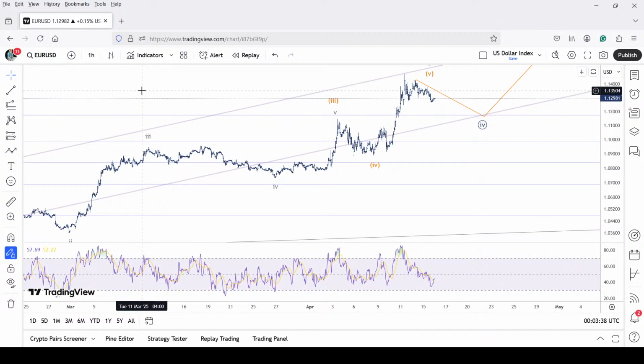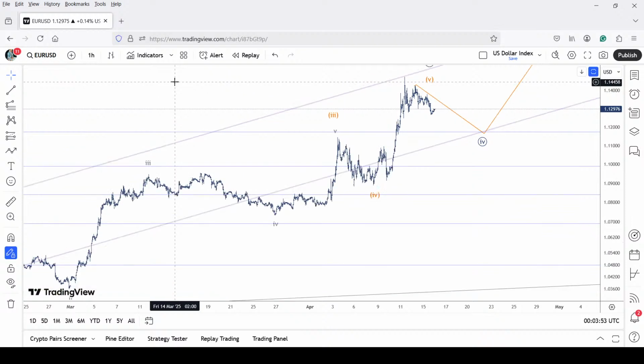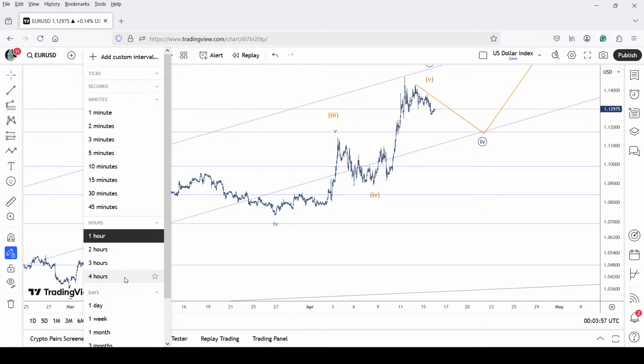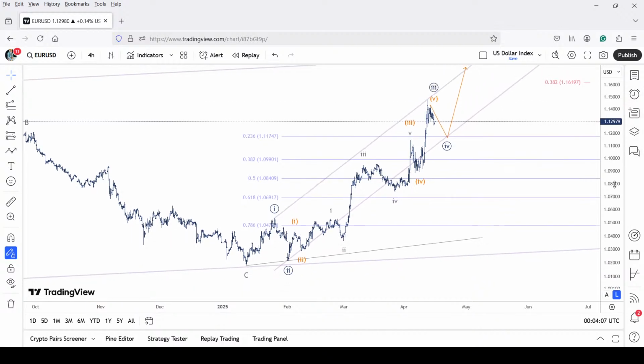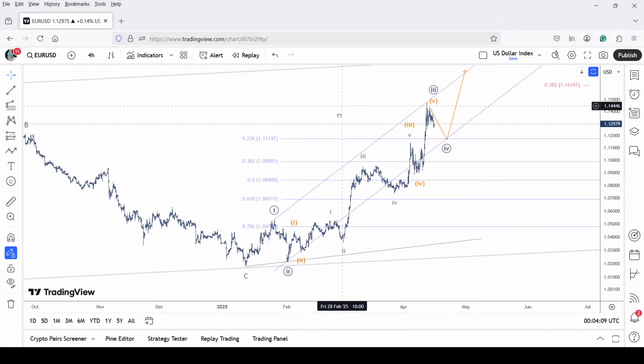Let's have a look at the RSI. It is bouncing from 35, which is again a good sign. Normally, if price action is bottoming out, the RSI would hover around the 40 region.